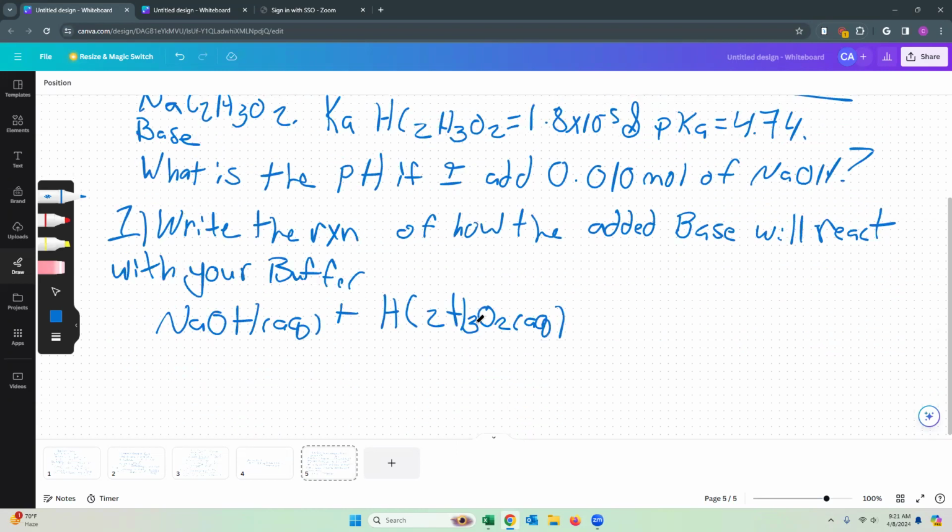So our acid gives a hydrogen to our base, and we make Na plus, H2O liquid, plus C2H3O2 minus. All right, so that was step one: write the reaction.